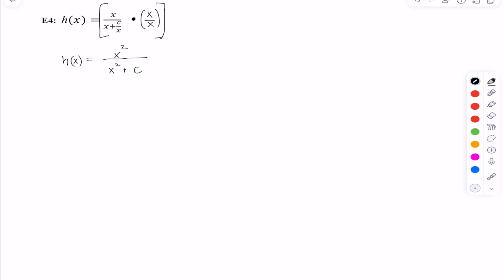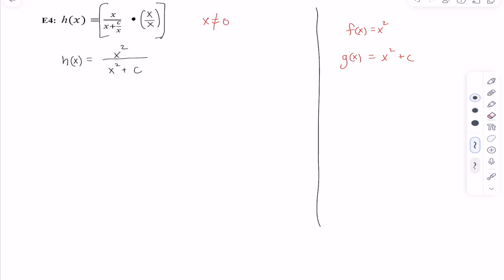And then go ahead and perform the quotient rule. Now I'm going to go off to the side and label my f of x and g of x. Now realize in the original domain, x cannot be 0. Ready to do the quotient rule now. I'll highlight the derivative in a different color.